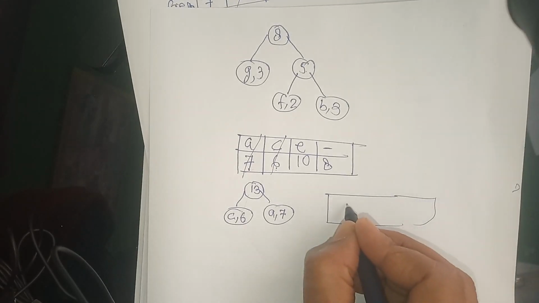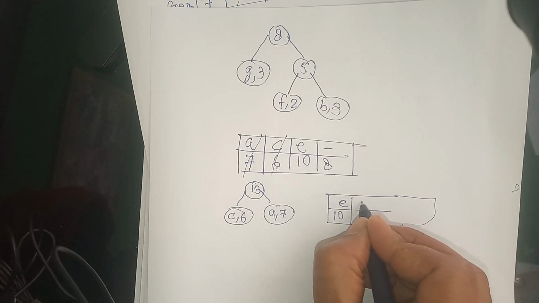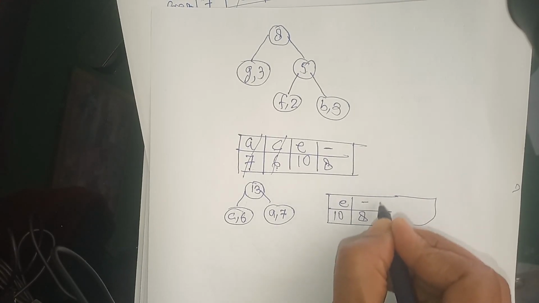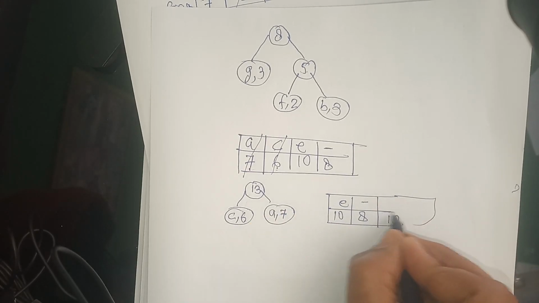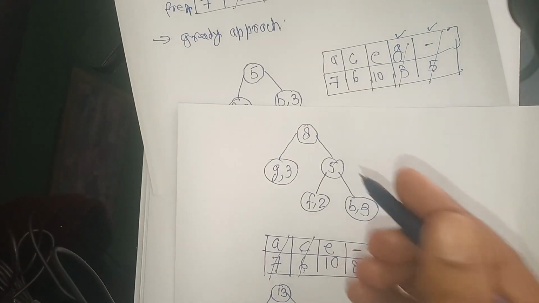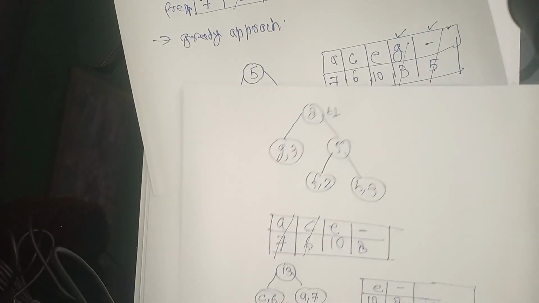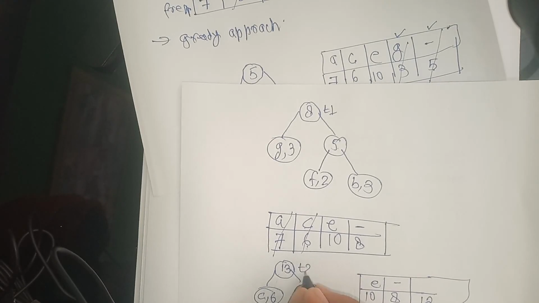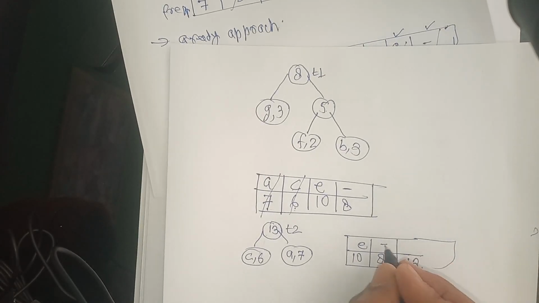So we will include E10, and we are having another tree, a new tree with frequency 13. You can give some label to these trees, T1 we can give, and T2 we can give some name. So T1 is this and T2 is this.